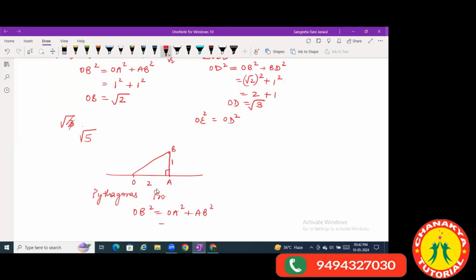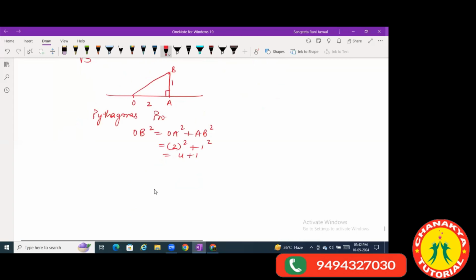So OA will be 2 square plus AB is 1, so that's 1 square. This becomes 4 plus 1, that is 5. So now OB is root over 5. So this is how you get root over 5 if you want to make it separately.